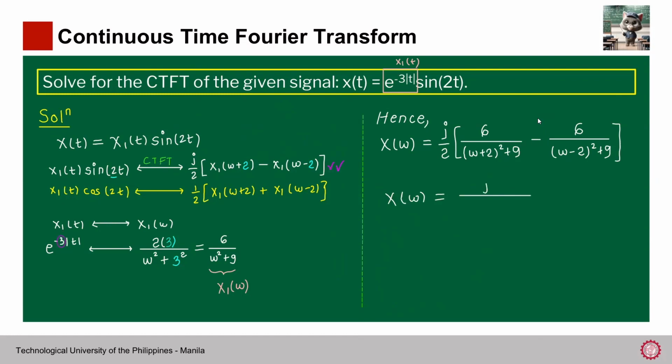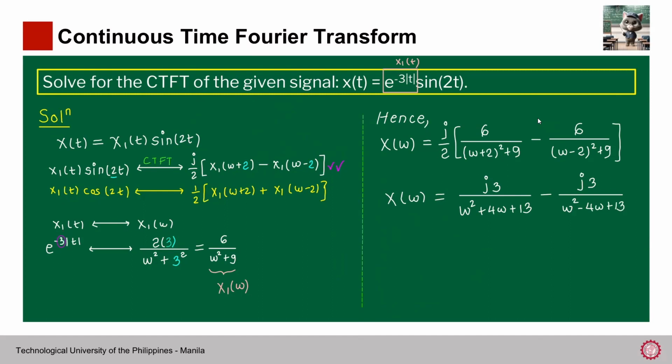So, this is j3, right? Because j over 2 times 6 is j3. Over omega square plus 4 omega plus 13. And minus, then we have j3 again, all over omega square minus 4 omega plus 13.